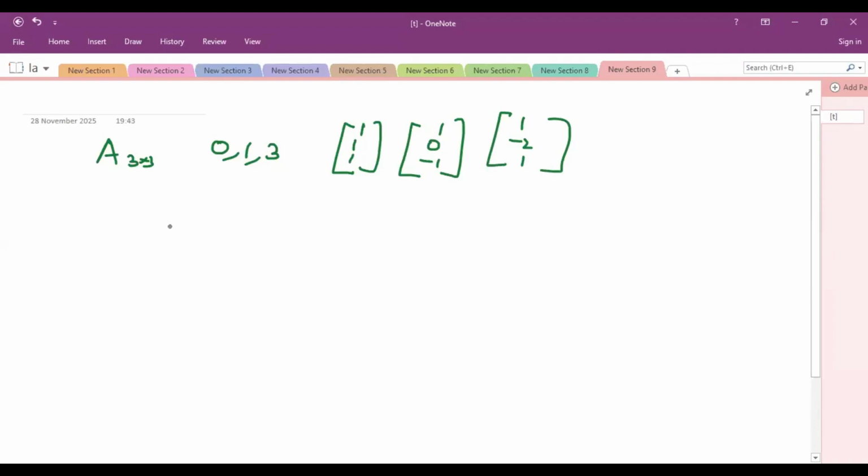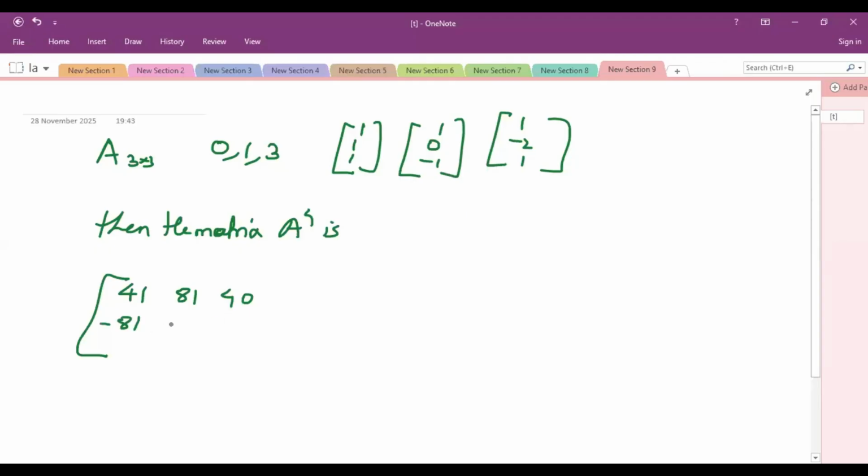And the question is, then the matrix A power 4 is. So we have 4 options for this: 41, 81, 40, minus 81, 0, minus 81, and 40, minus 81, 41.